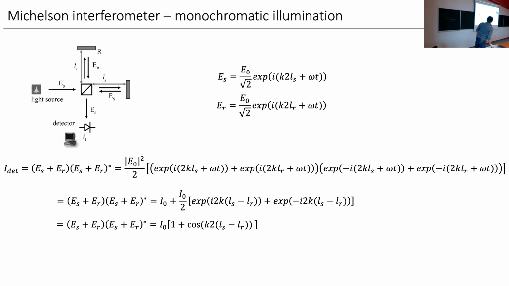In the end, the simple result is that the first term is a constant offset, just due to the intensity coming from the reference arm and the sample arm. And you have a modulated, oscillating term that depends on the difference in length. This would be for monochromatic light.